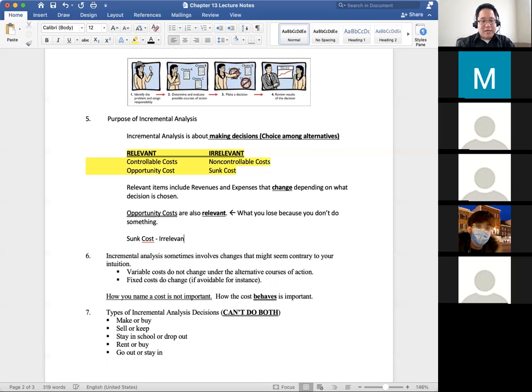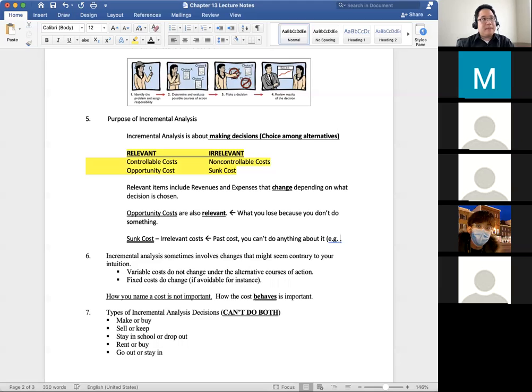In other words, when I'm doing incremental analysis, I don't need to think about sunk cost because it's irrelevant. But what does that mean, sunk cost? Sunk cost means usually it's a past cost. You can't do anything about it.